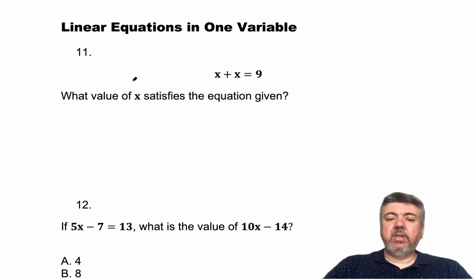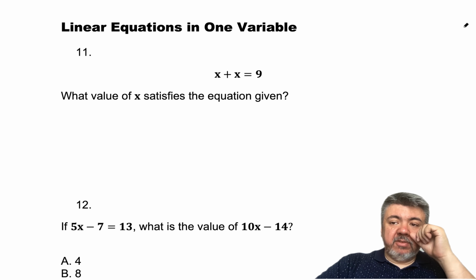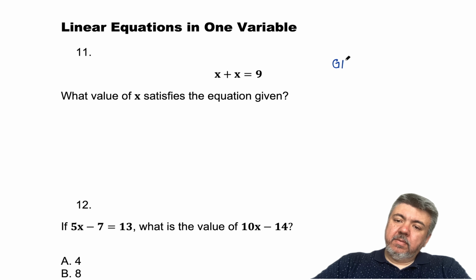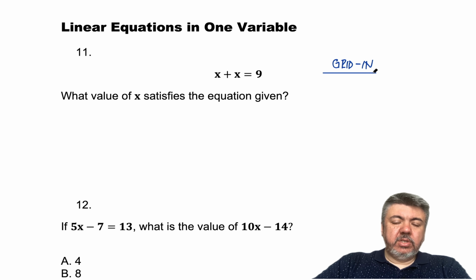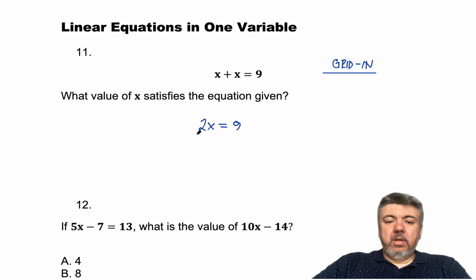Okay, in question 11 we have a grid-in question. We don't have the options, the choices here, and we will write it. Like it's x plus x is 2x equals 9. Okay, divide by 2 on both sides.